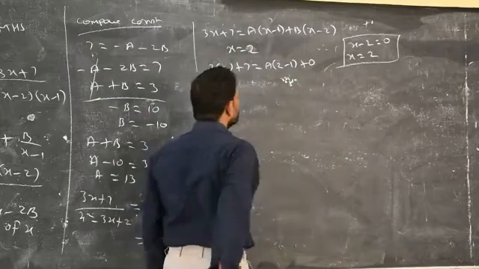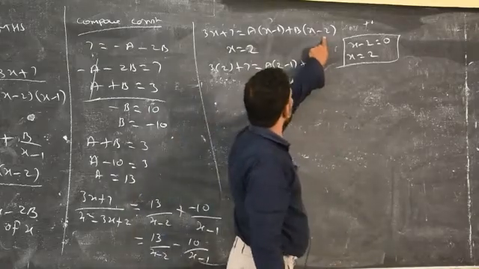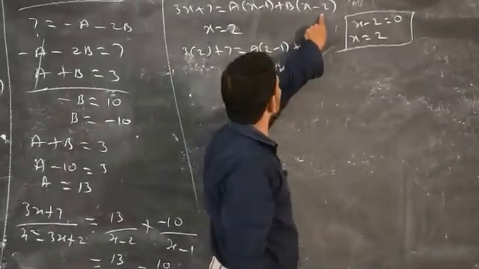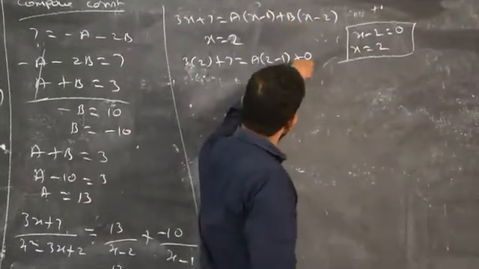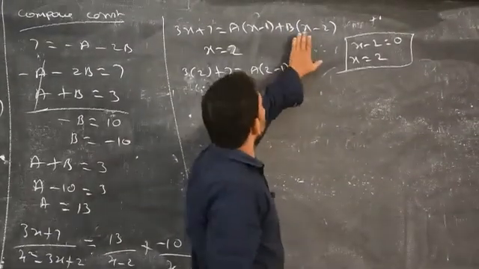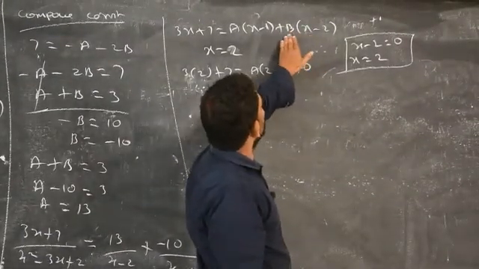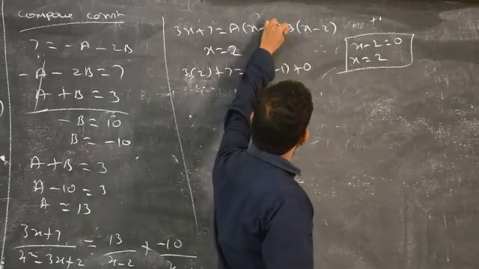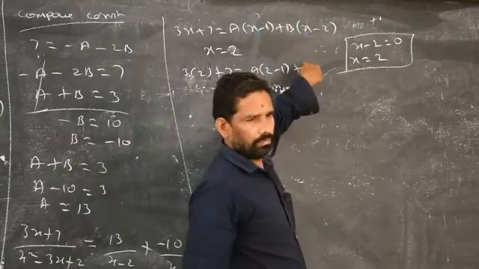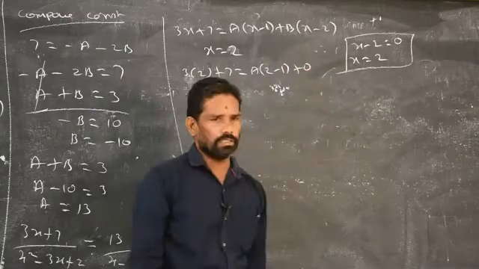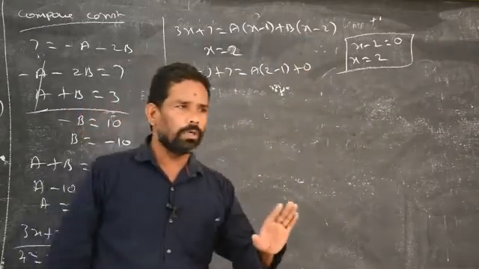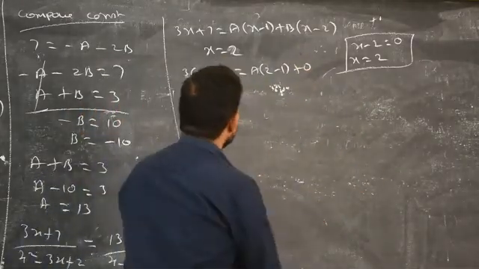The b term will become 0 because 2 minus 2 is 0. 0 into anything is always 0. Don't write b. Why don't we write b here? That's wrong, because this b is under multiplication. When you multiply 0 into any constant, it will always be 0.